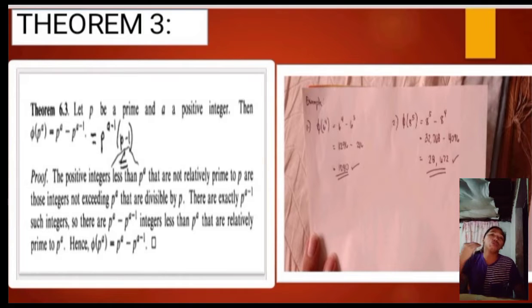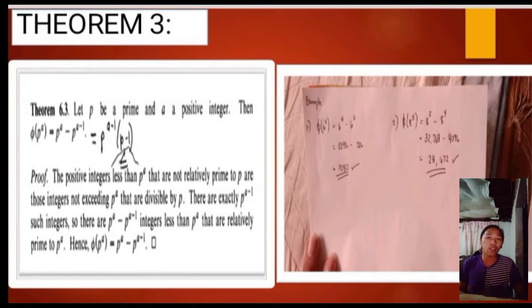Minus 6 raised to 3, or 6 times 6 times 6, is equal to 216. So 1,296 minus 216, we have 1,080. So the phi of 6 raised to 4 is equal to 1,080.